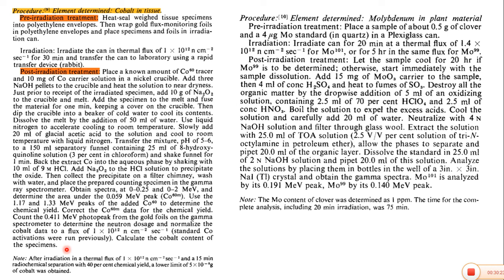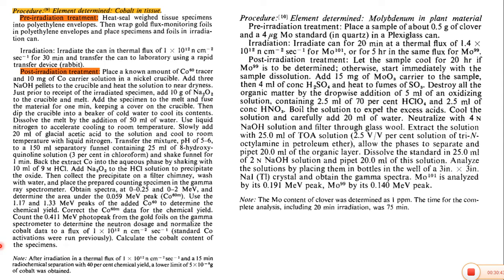Irradiation is at about 1.4 x 10^12 neutrons per centimeter square per second for molybdenum-101 for 5 hours. In the post-irradiation process there is some radiochemical separation and then analysis of the material.